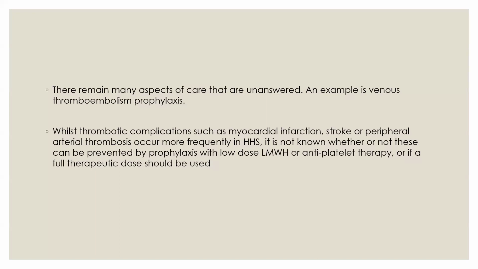While thrombotic complications such as myocardial infarction, stroke, and peripheral arterial thrombosis occur more frequently in HHS, it is not known whether this can be prevented by prophylaxis with low dose, low molecular weight heparin or antiplatelet therapy, or if a full therapeutic dose should be used.